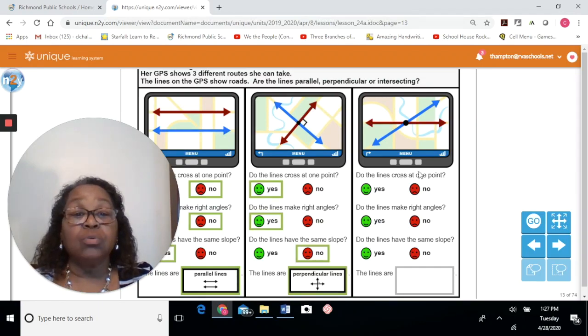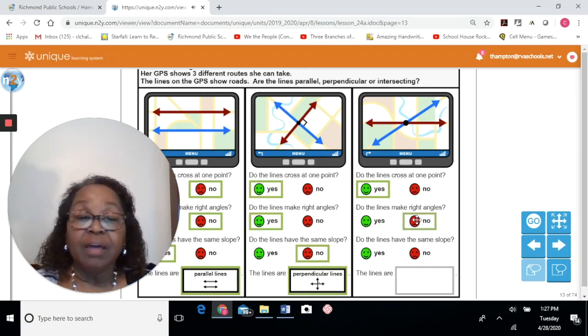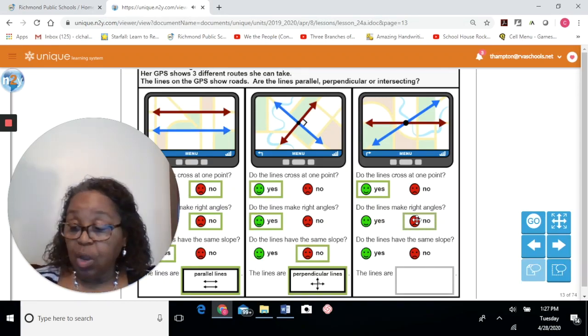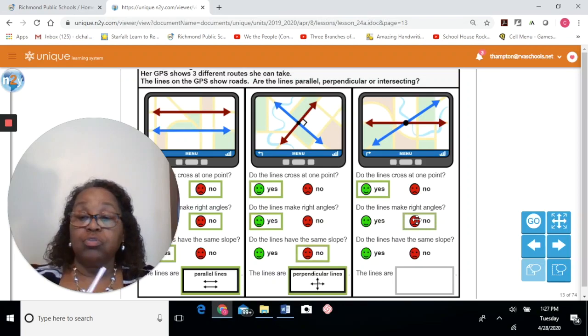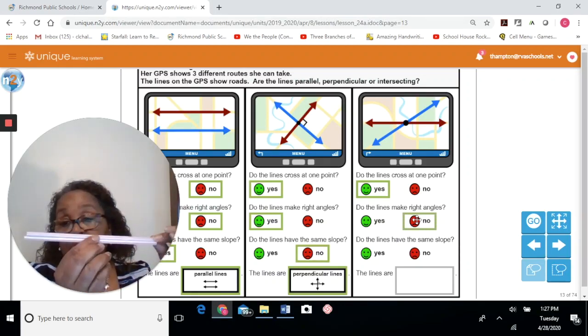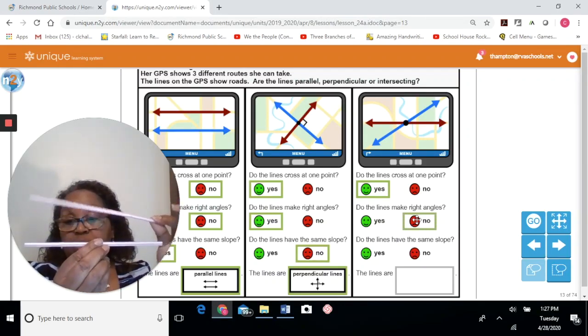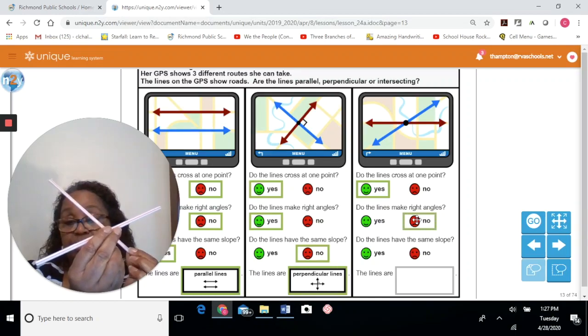So do the lines cross at one point? Yes. Do the lines make right angles? No. Do the lines have the same slope? We talked about that again. I like to show you because I'm kind of loving these straws. Same slope, different slopes.